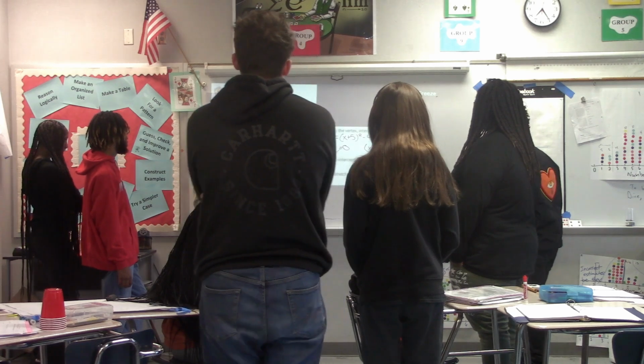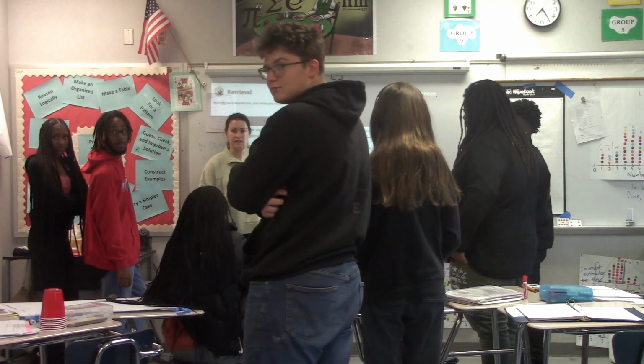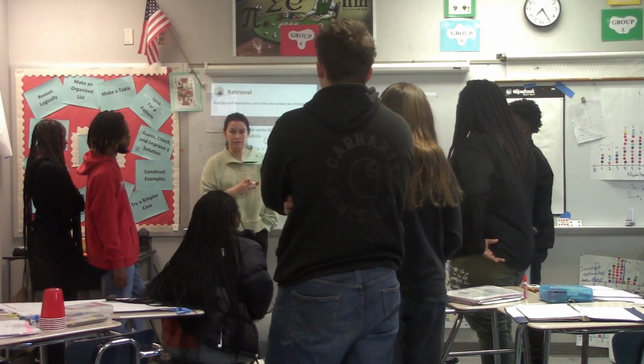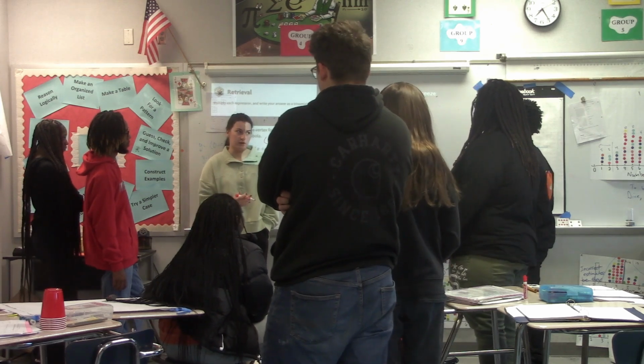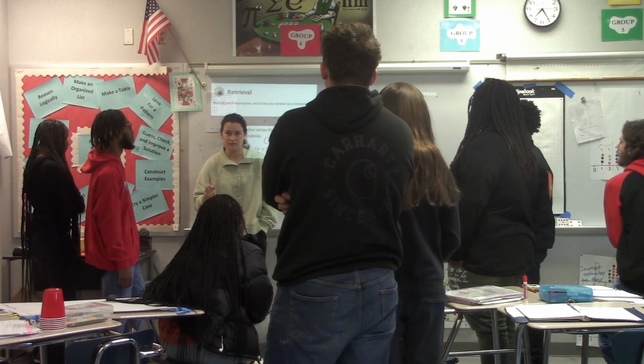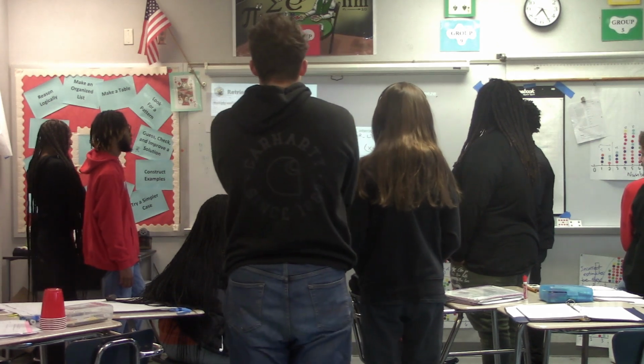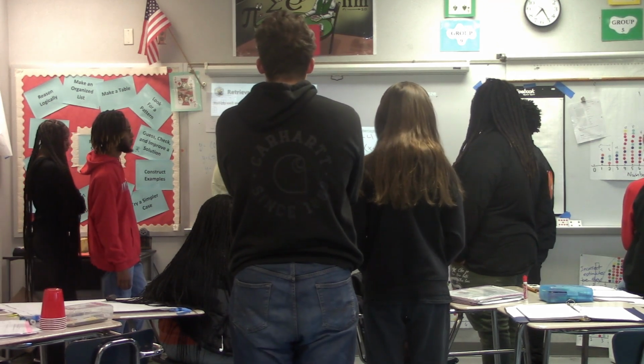I need us all to pay attention right now. This is where it gets dicey. I need us focused. This is a multi-step equation. What is the first step in solving it?